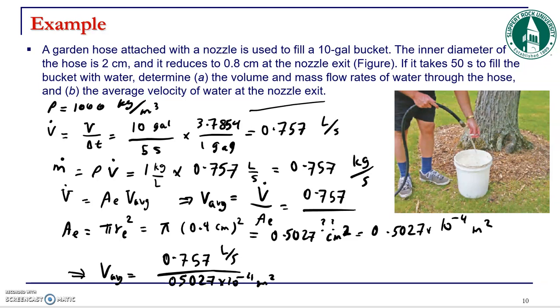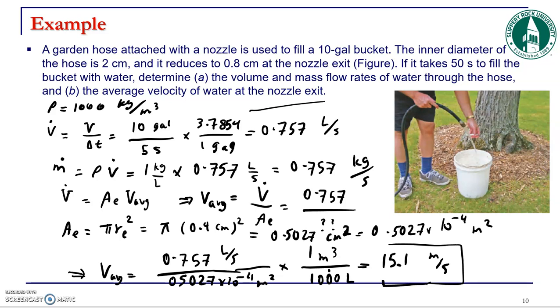This is in meter squared. We need to convert liter to cubic meter. Straightforward again. 1000 liters is equal to 1 cubic meter. Therefore, this is 15.1 meter per second. That's your average velocity of fluid at the nozzle exit.